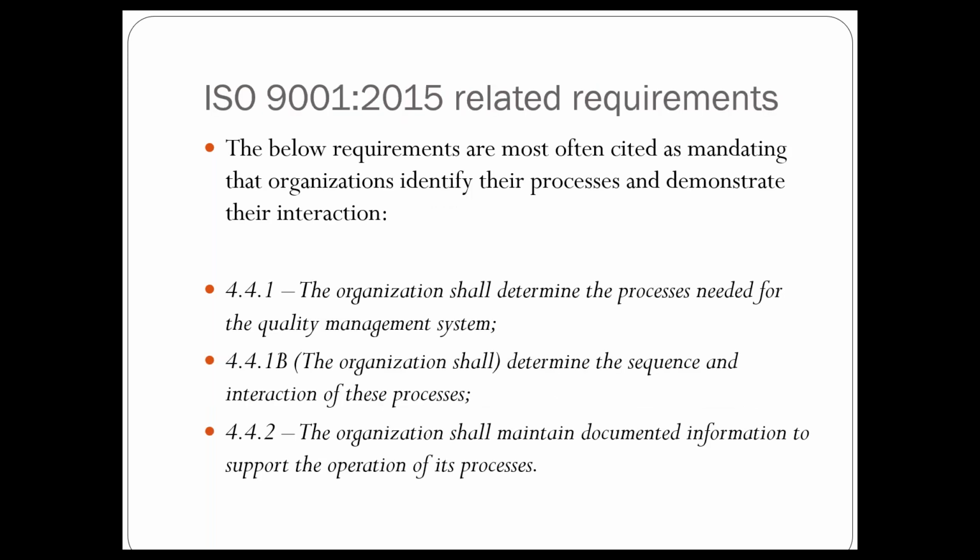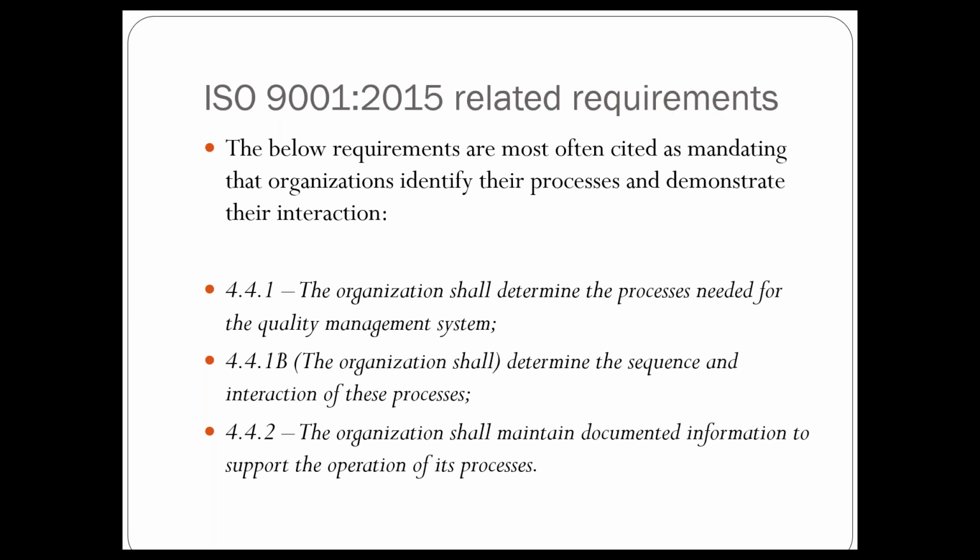And in terms of where this is mandated by ISO 9001, there are 3 clauses at play that we point to. 2 of these come from section 4.4.1. To begin with, you are required to identify the processes needed for the quality management system. And secondly, you need to determine the sequence and interaction of those processes.